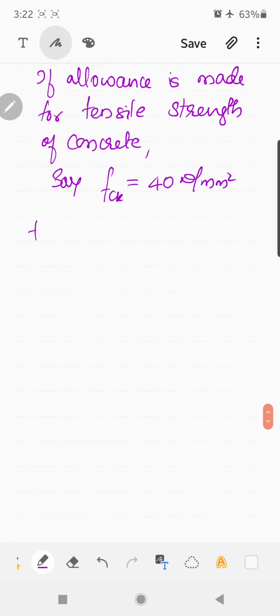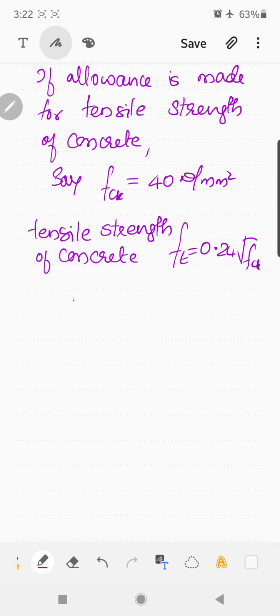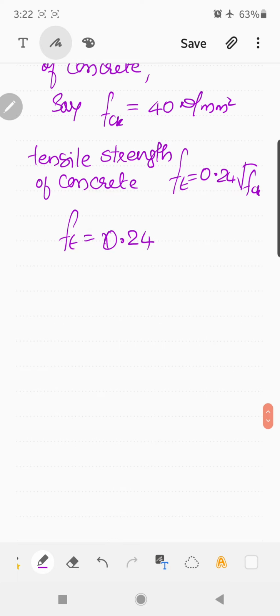Then determine the tensile strength of concrete: FT is equal to 0.24 root of FCK, which is 0.24 into root of 40. So you will get FT equal to 1.5 Newton per mm square.